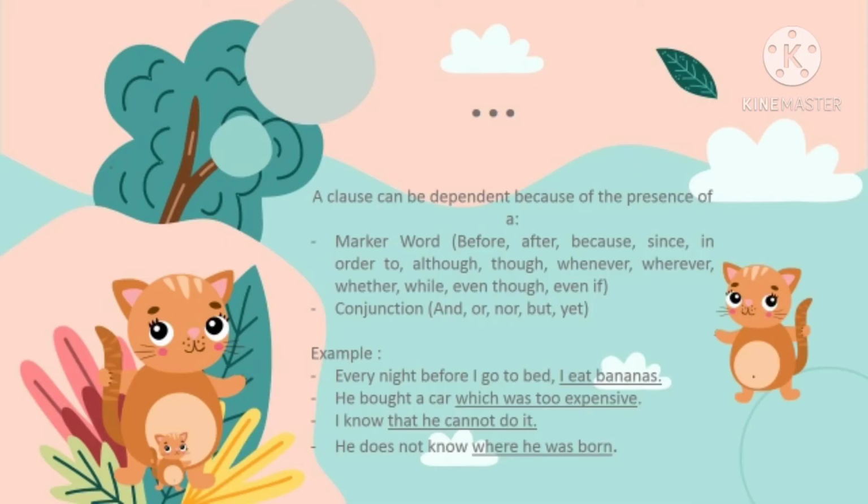Then, a clause can be dependent because of the presence of a marker word or conjunction. So, the marker words consist of before, after, because, etc., and the conjunctions like and, or, nor, but, and yet.